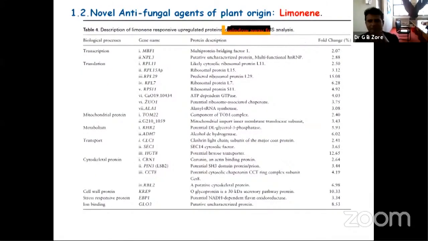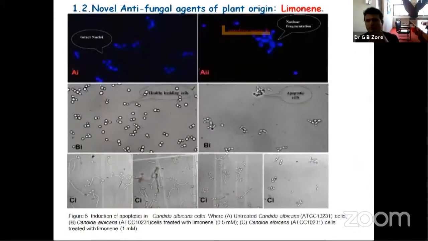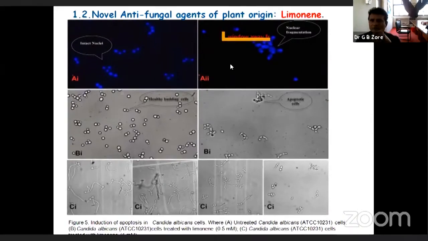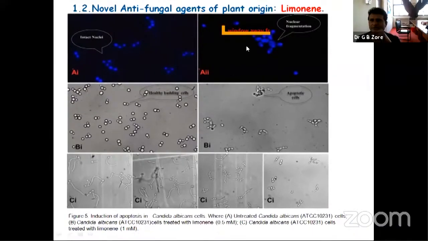You can see this image shown in the upper side, E2, where you can see the nuclear fragmentation compared to the control cells, where you can see intact nuclei. And that's how we concluded that limonene is inducing apoptosis in the cell.